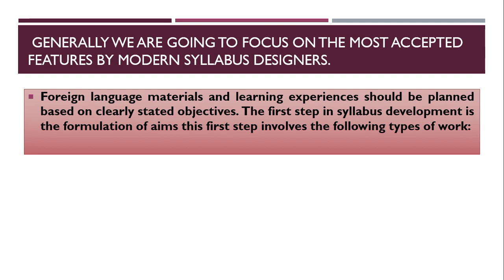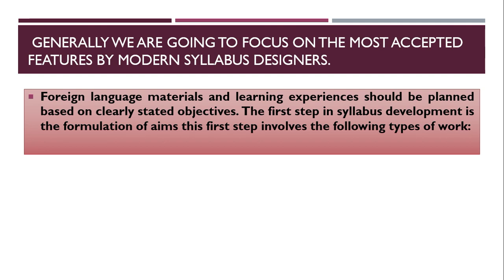Okay, the objectives are very important when making a curriculum or a certain syllabus for my students. I should not go blind without any objective in my mind and teach my students, make a curriculum, make a syllabus for my students. No, there has to be a certain plan that is devised to fulfill these objectives.